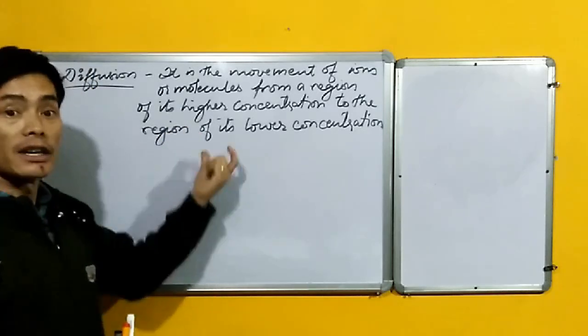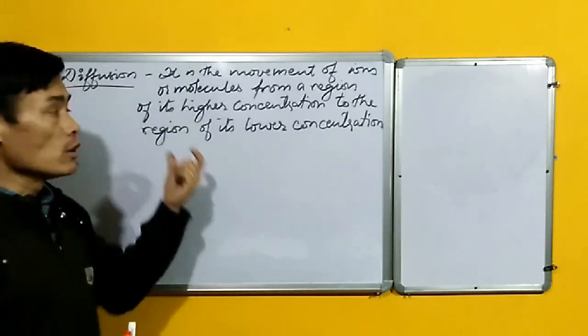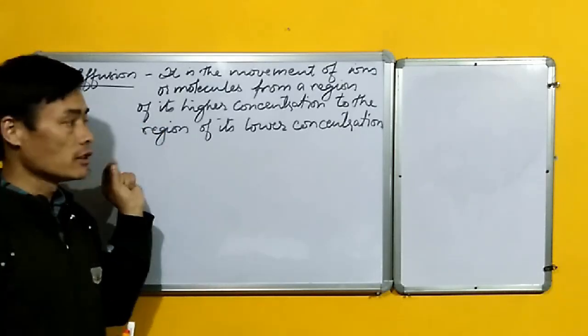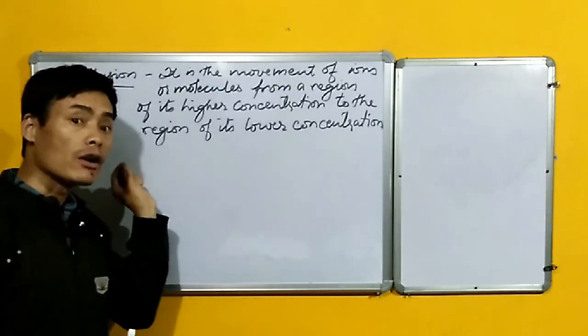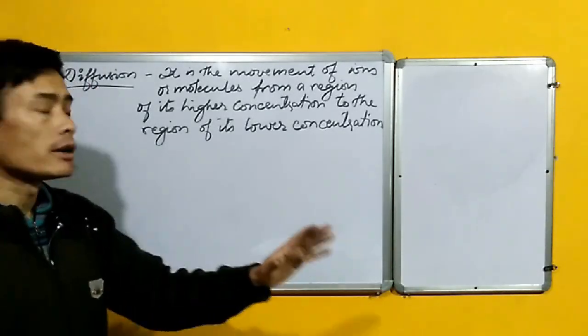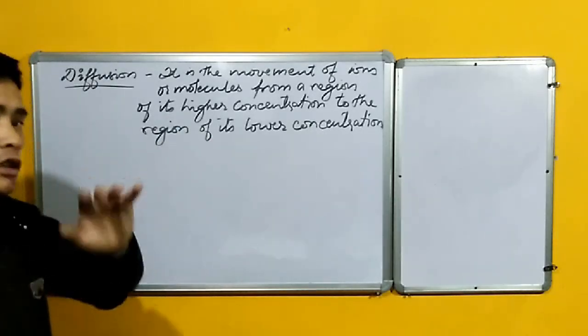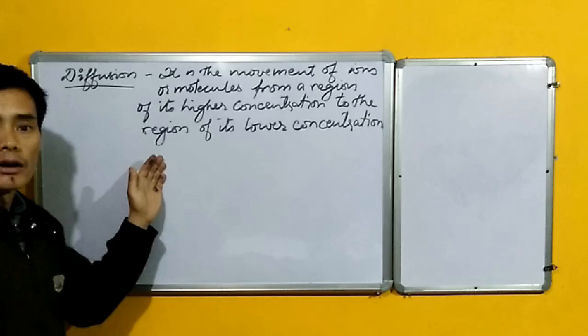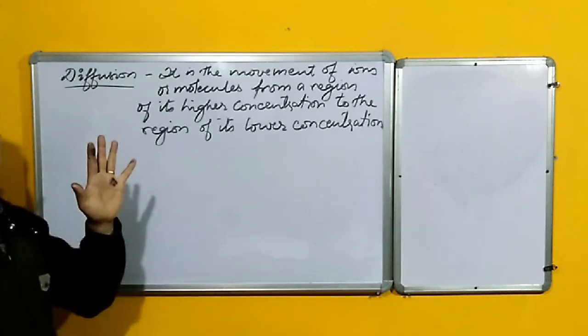Please remember, in the case of osmosis, we had to understand the movement of the molecules from a region of higher concentration to a lower concentration through a semi-permeable membrane. But in this case, it is simply through a medium and does not require a semi-permeable membrane.